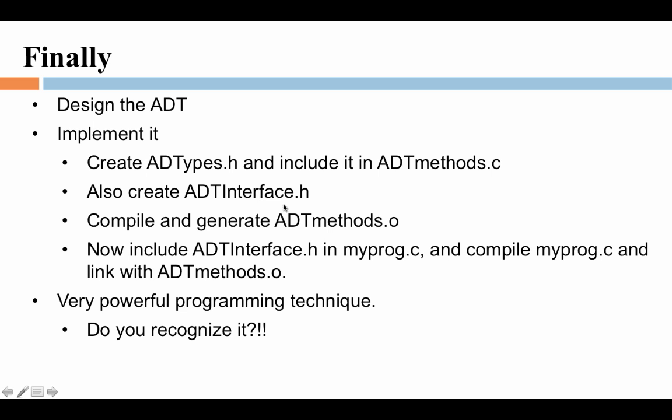Now you compile and generate ADT_methods.o. Now include ADT_interface.h in myprog.c. You compile myprog.c along with ADT_methods.o. And what have you done? You've written a program that uses the implementation of this abstract data type that you had designed at the beginning.